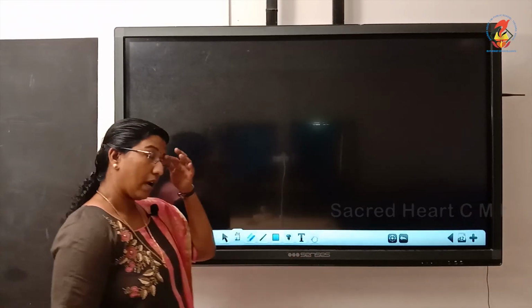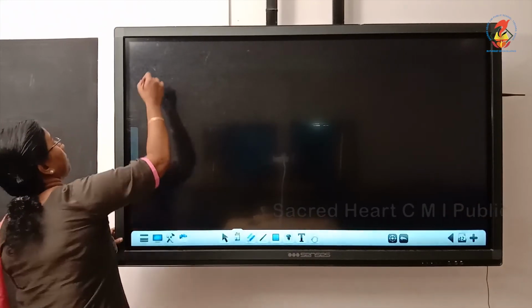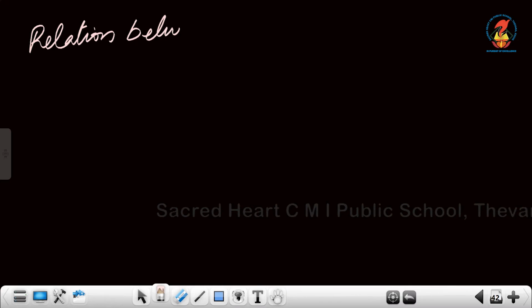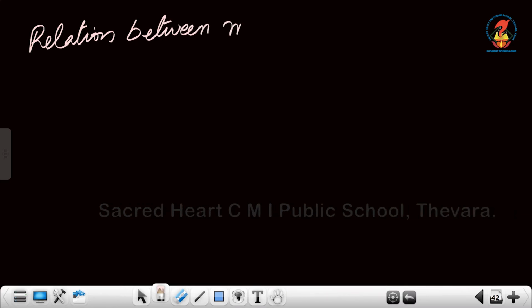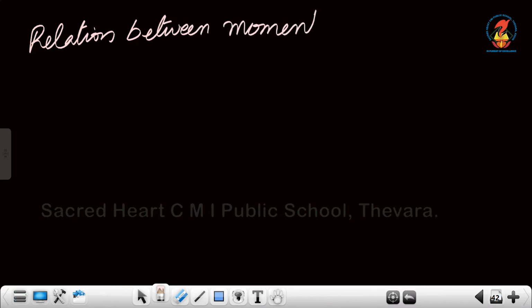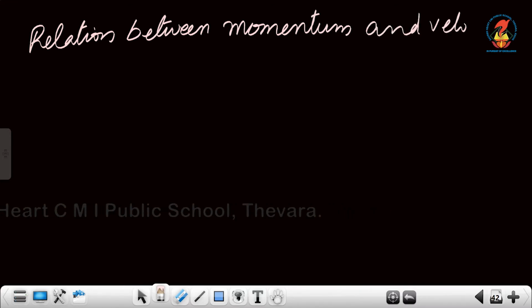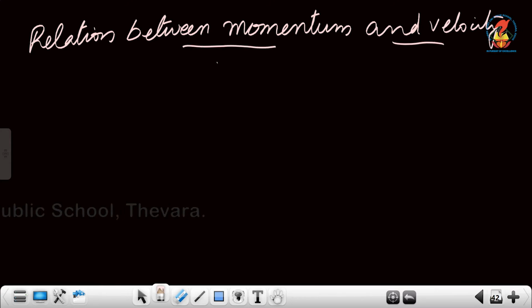Next, we are going to derive the relation between momentum and velocity. We know that momentum is denoted by P and its relation with mass and velocity is P is equal to m into v.